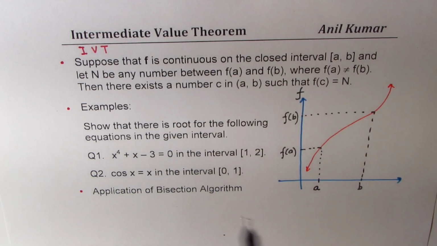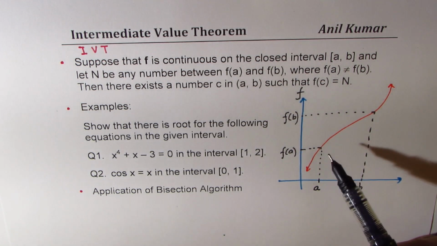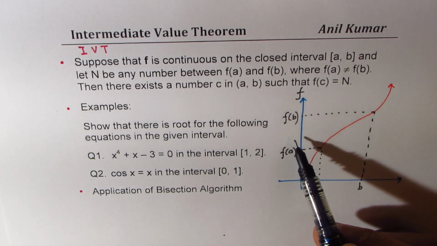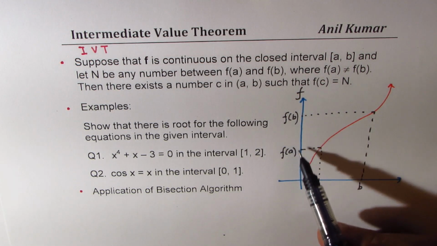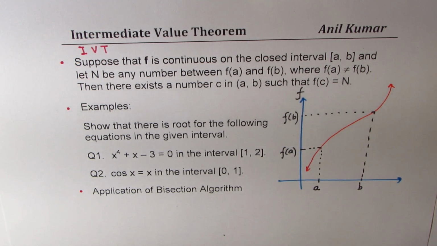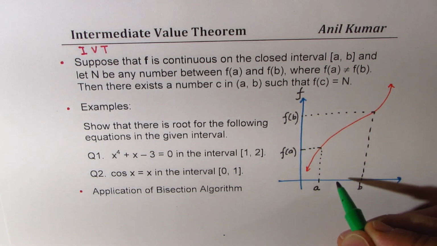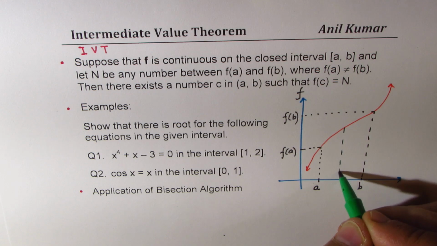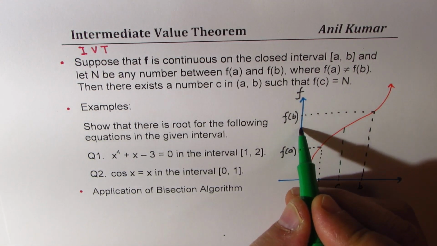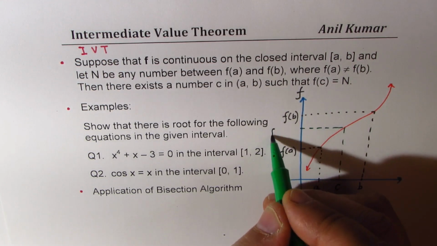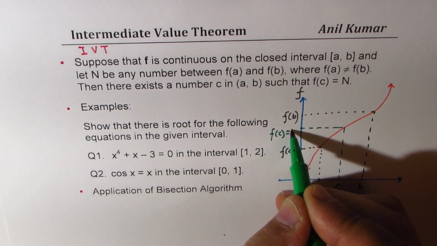The theorem really states that if n is any value between f of a and f of b, then there exists a c such that at x equals c, f of c is equal to n.